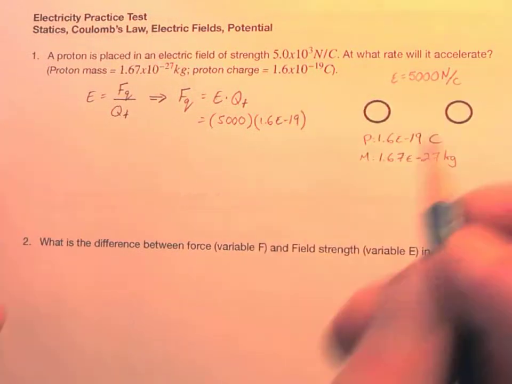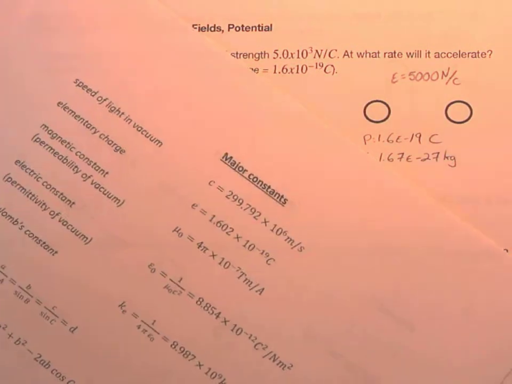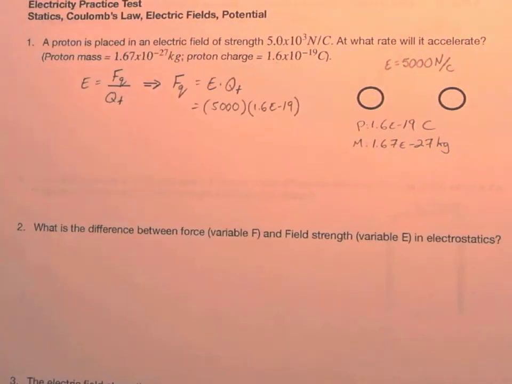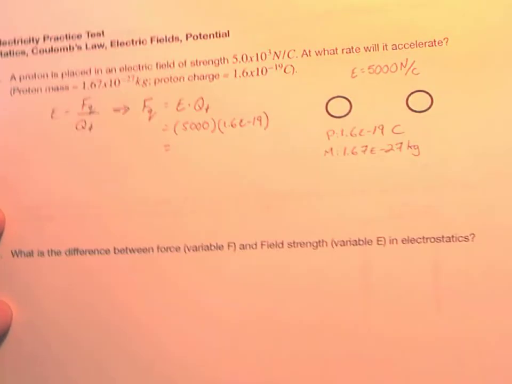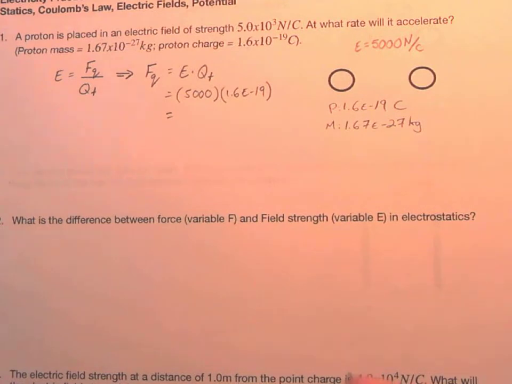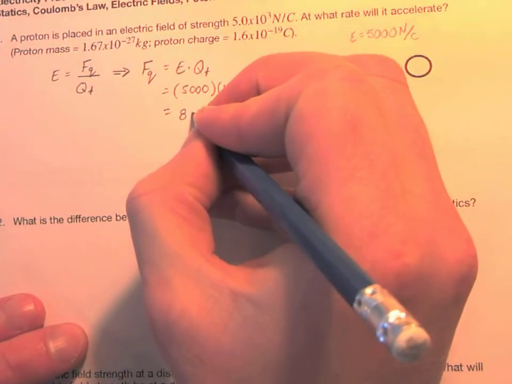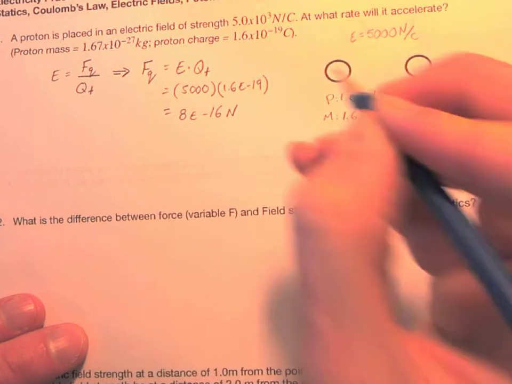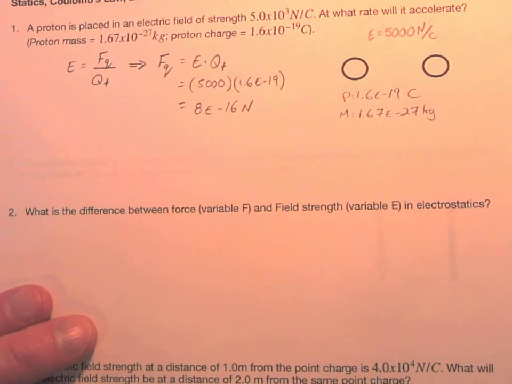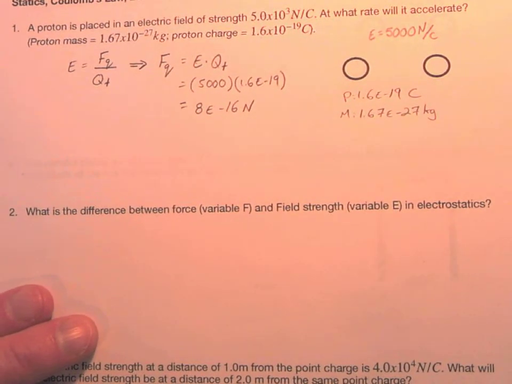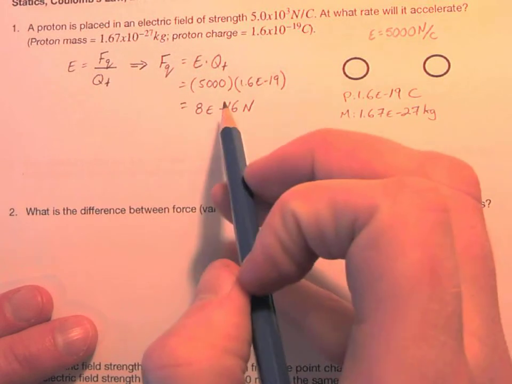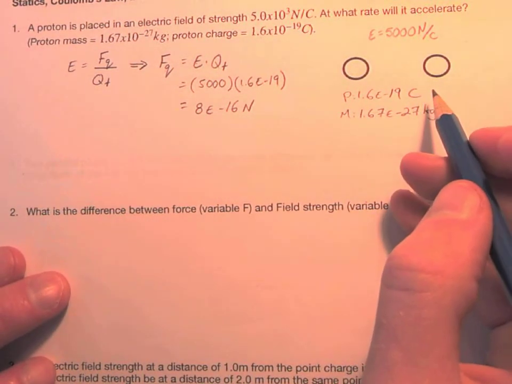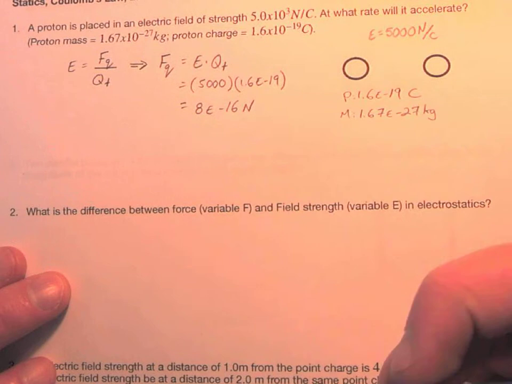If they don't give you the test charge, you can look at the back of the formula sheet, and it's this elementary charge here. It's a little bit different, but close enough. Then we can calculate in our calculator, and I get 8 times 10 to the negative 16 newtons as our force here. So a very small force is being applied to this very small proton.